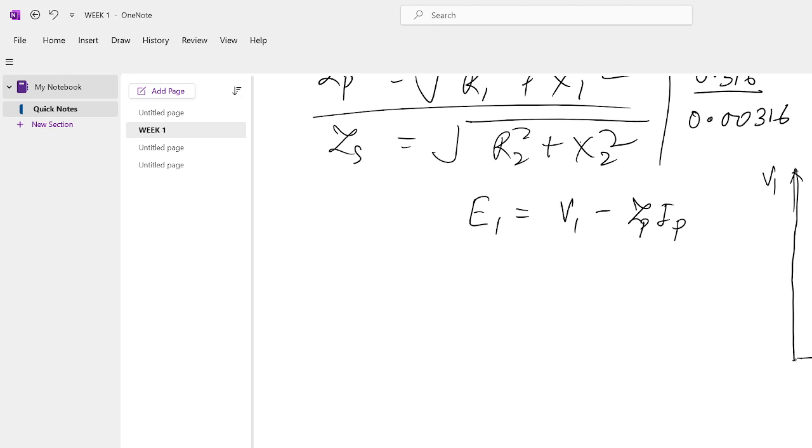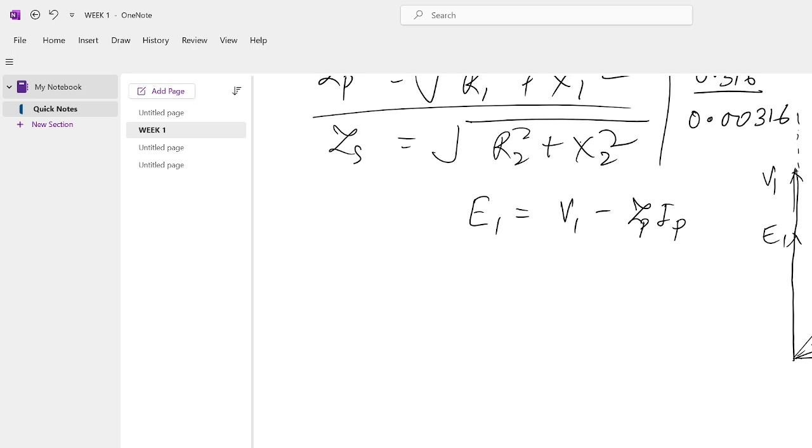Suppose this is the magnetizing current, and the reflected current from the secondary is I2 dash. The summation of these two becomes the resultant current I1, IP. It is given that E1 is lying somewhere after phasor sum, lying here on this only. This is the conclusion.